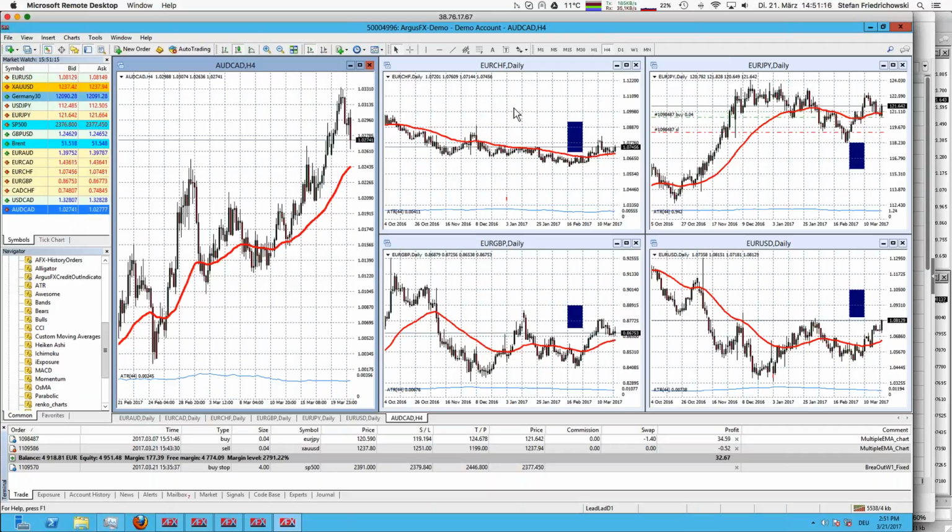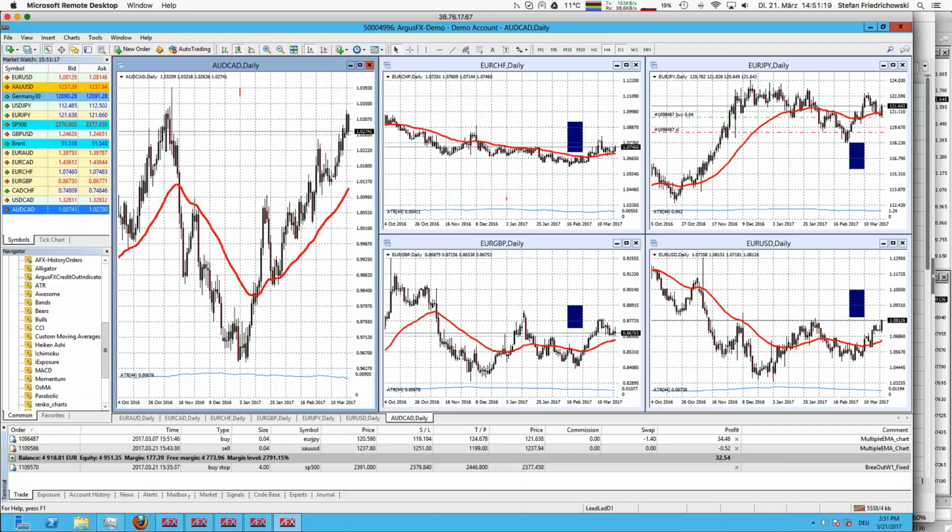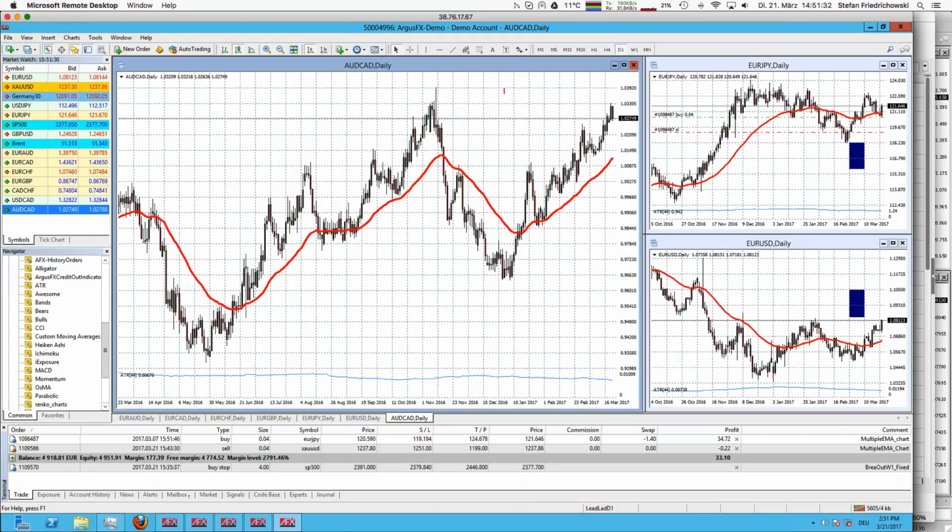I go for D1 as well. Let me make the chart a little bit bigger, and you can see already that we have a very good slope upwards right now during the last 3 months.